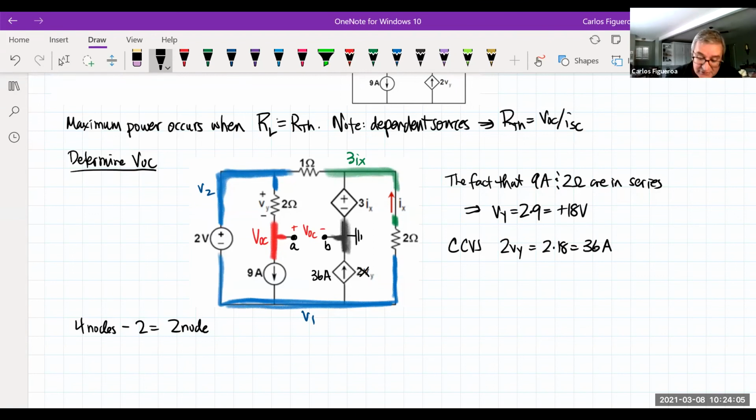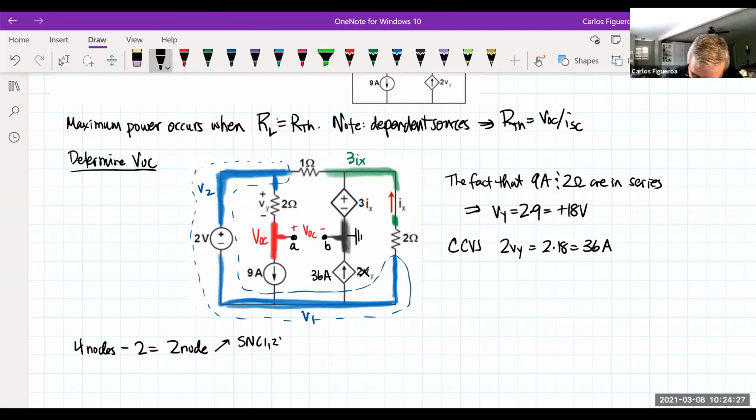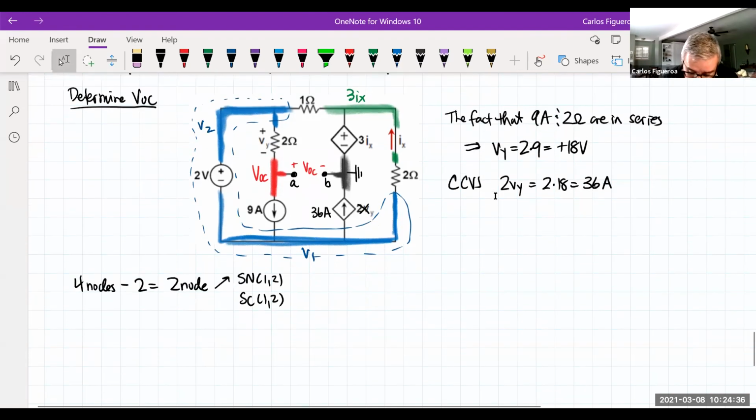So the question is, what do I know about these nodes? One is not connected to the ground. So that means this guy here is my supernode. So I have a supernode between 1 and 2. So therefore I have a supercondition between 1 and 2. And then I have the other node, which is VOC.